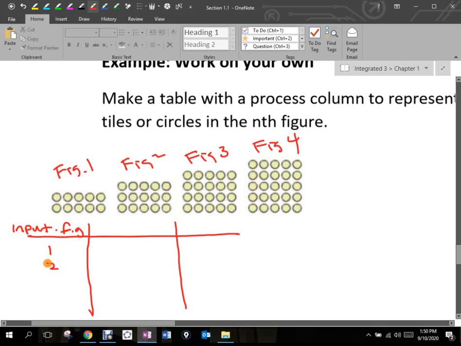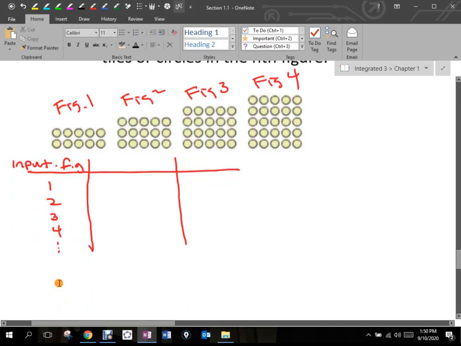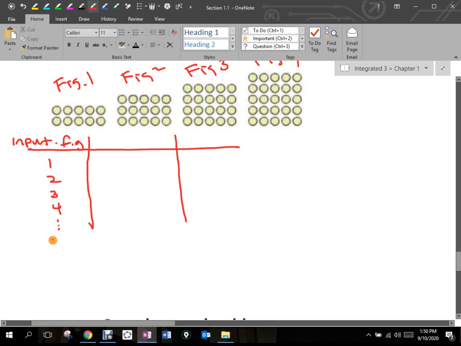So we'll have 1, 2, 3, 4, and eventually all the way down to n. The middle column will be process again. And the last column, output, is going to be number of circles.